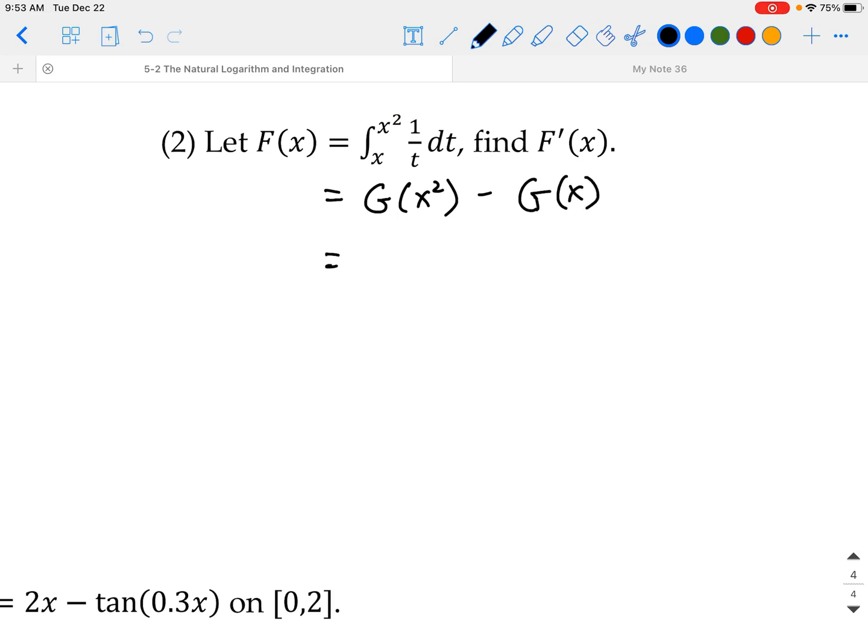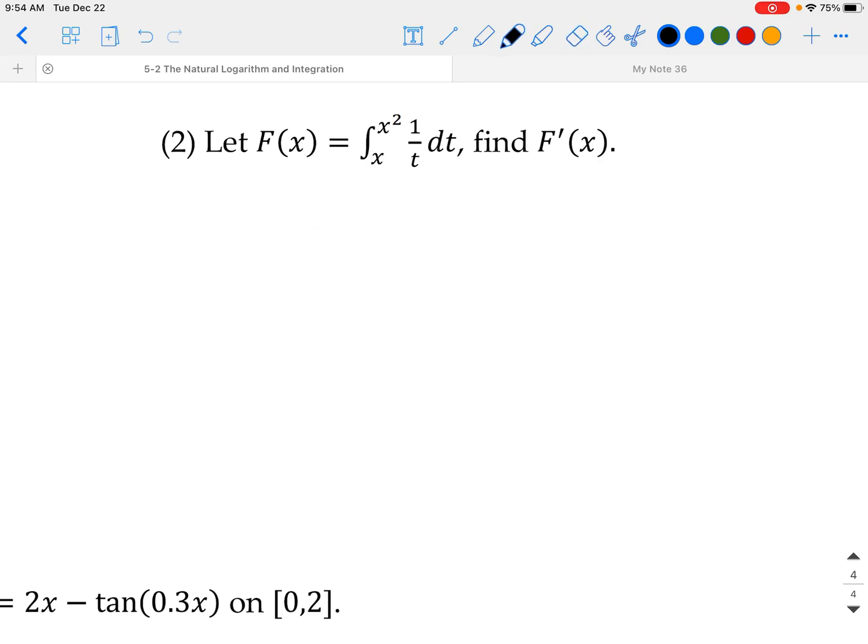And then if we differentiate, we would get 2x g prime of x squared minus the derivative of x, which is just going to be 1, so we just get g prime of x times 1. So you could work it out that way. We could actually integrate this and we would get natural log. So you could try that as well, but really we already can see what this is going to look like.